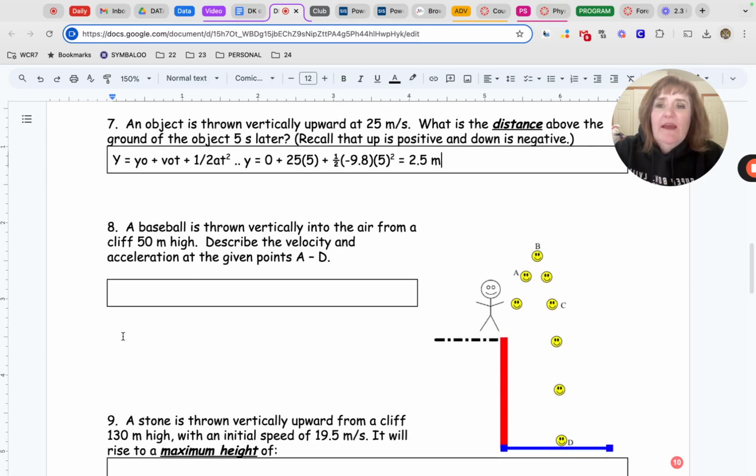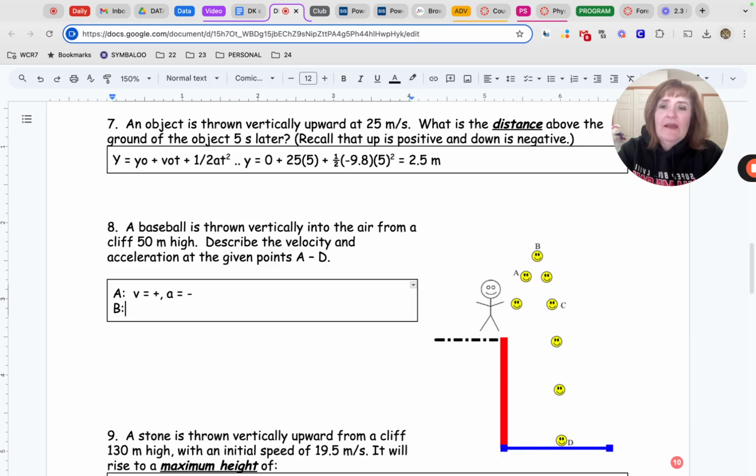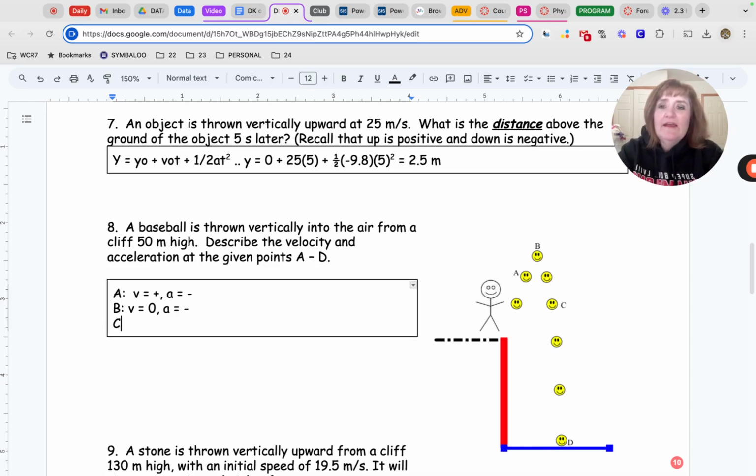Number 8, a ball is thrown vertically into the air from a height of 50 meters. Describe the velocity and acceleration at all 3 points. At position A, velocity is positive and acceleration is negative. At position B, velocity is 0. Acceleration is negative.